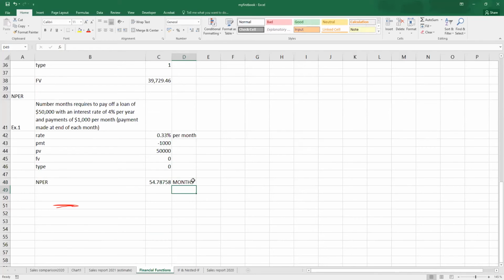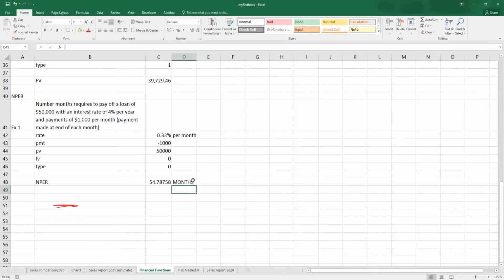So that means if you have to tell other people that you have to pay off a loan in 54.78 months, you may round it up and say that you have to pay around 55 months approximately. Because if you just say 54.78, normal people may not understand what 0.78 means, how long 0.78 is, something like that. So normally we have to tell that approximately it should be around 55 months.